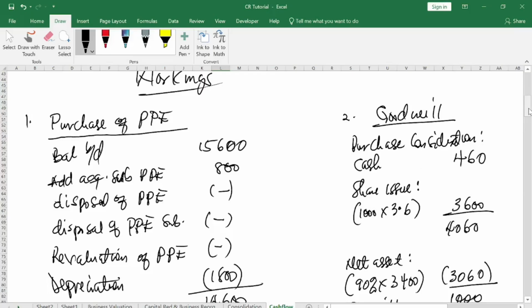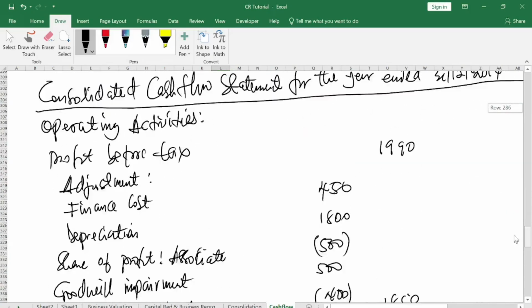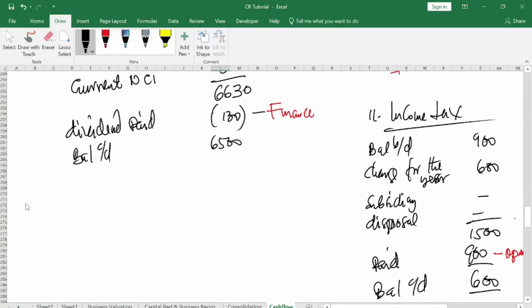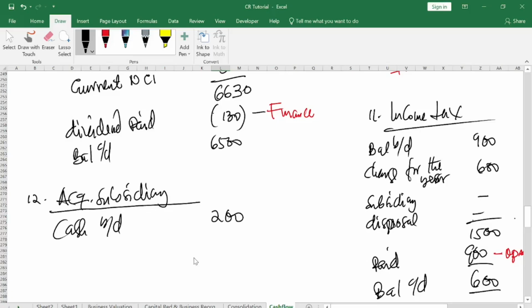So here what we have to do is balance it. Now, when you look into the subsidiary, it has a cash balance. How much? 200. And the purchase consideration of this subsidiary is how much? 460.